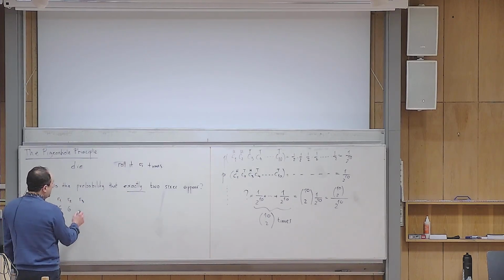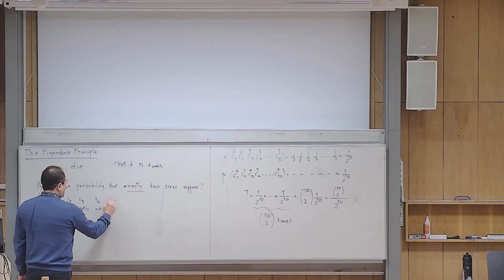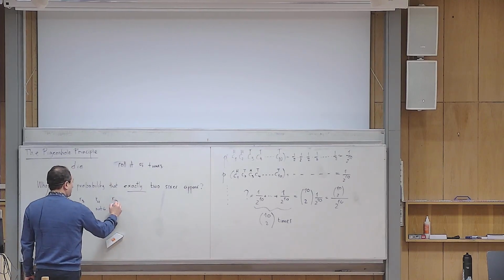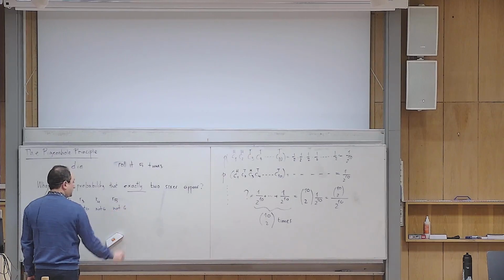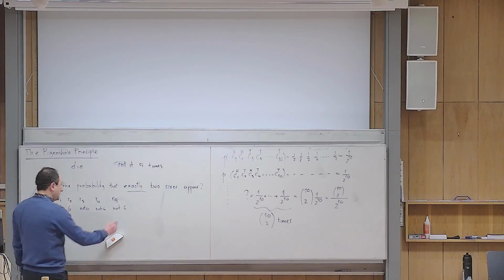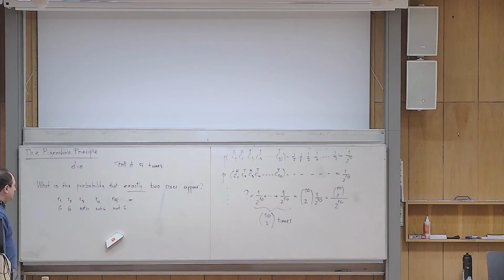So roll 3 is not 6, roll 4 not 6, and roll 5 not 6. Let us calculate the probability of this single event. Of course, this single event is not the whole possibility that I can imagine. I'm assuming the die is fair, so each face turns up with the same probability.